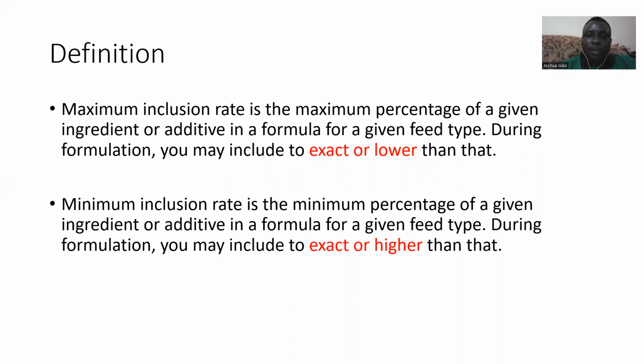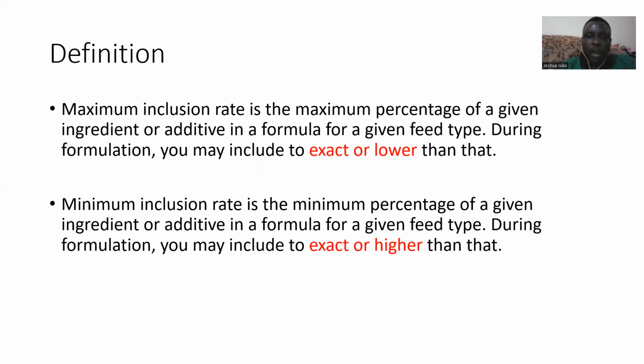Every ingredient I pick, maybe maize, soybean cake, cotton seed cake, sunflower, lime, salt, whichever premix, has a maximum beyond which it's not allowed. For instance, premix, we don't allow you to use more than 1% inclusion, meaning in every 100 kilograms, you don't go beyond 1 kilogram. Beyond that, it's poison. So we have a maximum for an additive, premix is an additive, or an ingredient.